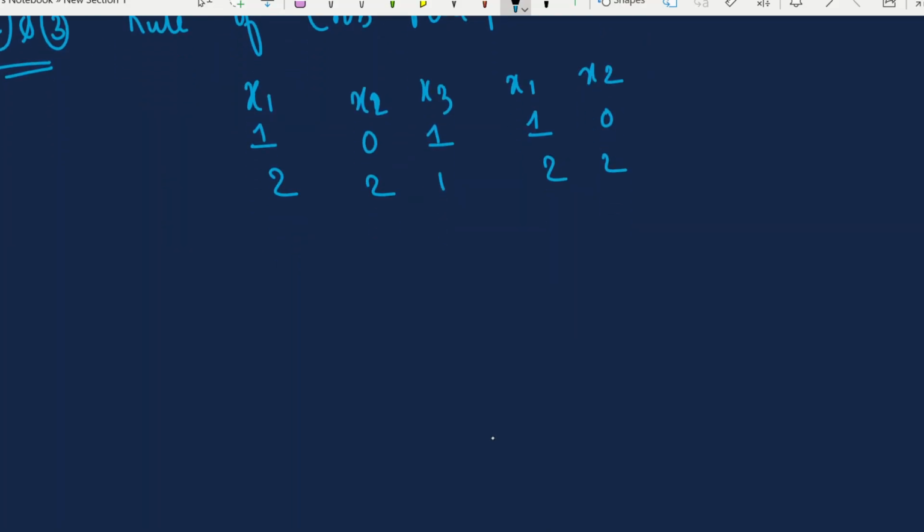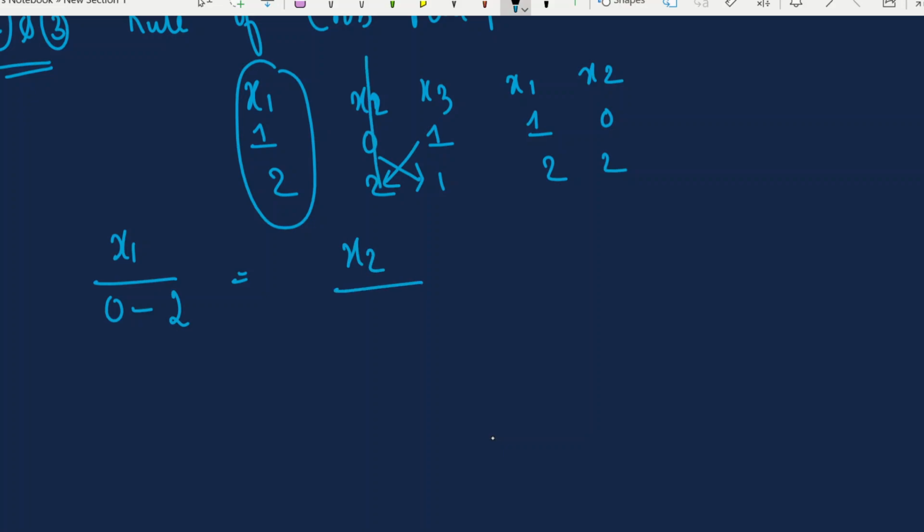Now x1 divided by, neglect x1 and consider these two: product of 0 and 1, minus product of this one, 2. And x2 divided by, when you are looking for x2, neglect x2: 1 into 2, 2, minus 1 into 1, 1.